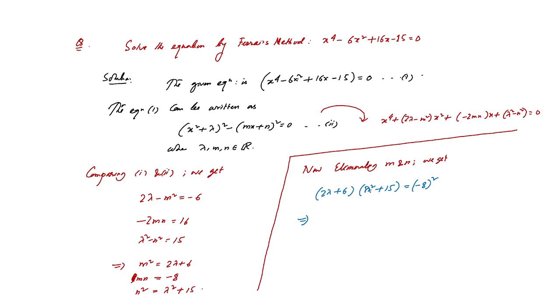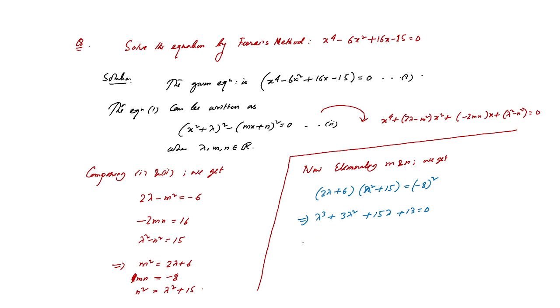By simplification this equation will be lambda cube plus 3 lambda square plus 15 lambda plus 13 equals 0. Now you can apply Cardano's method. It will take more time, but you just apply the vanishing method.